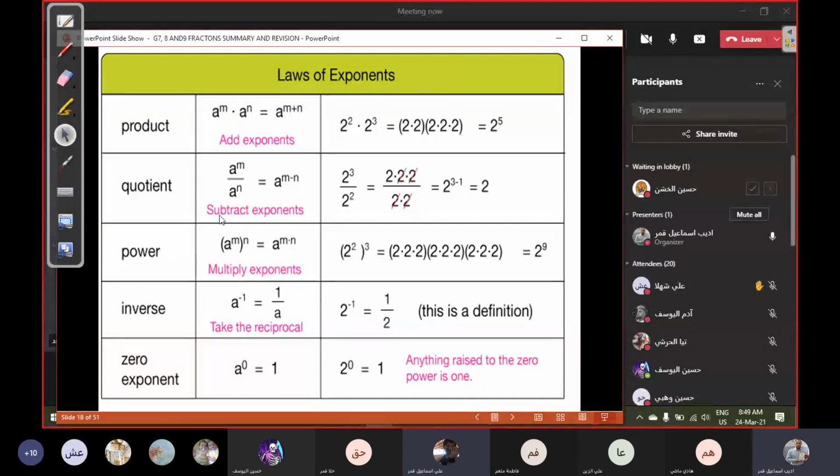Example: 2 cubed over 2 squared equals 2. Teacher, dot or minus? Minus. Okay.